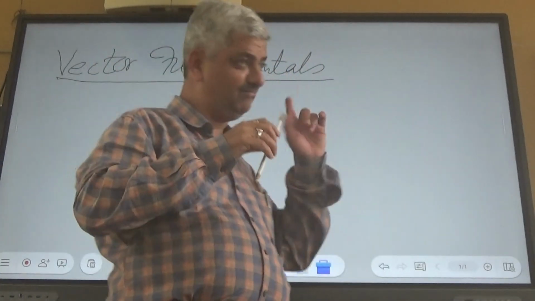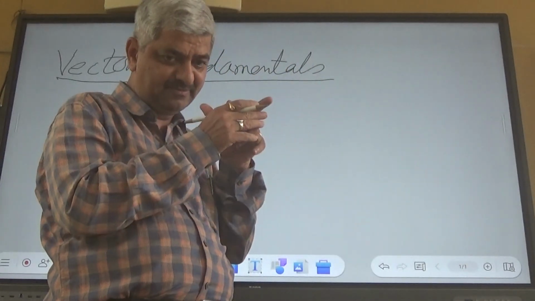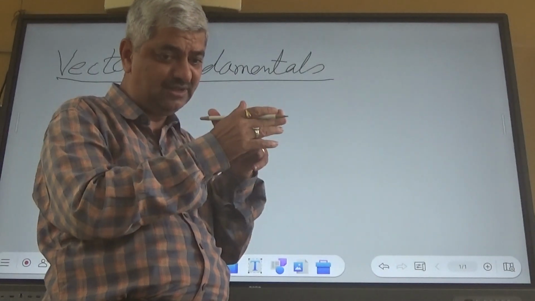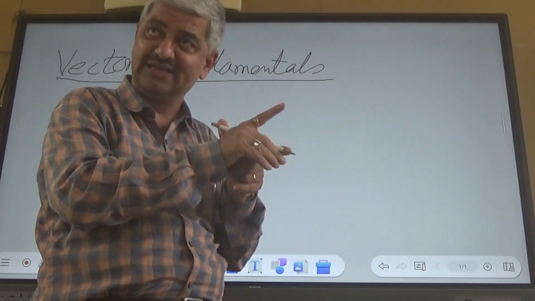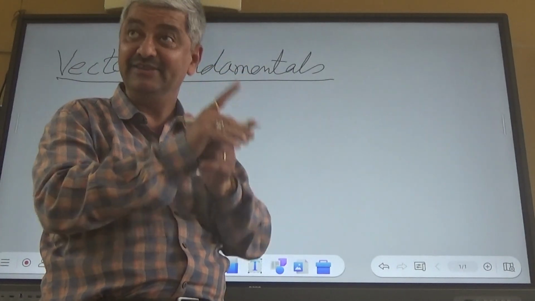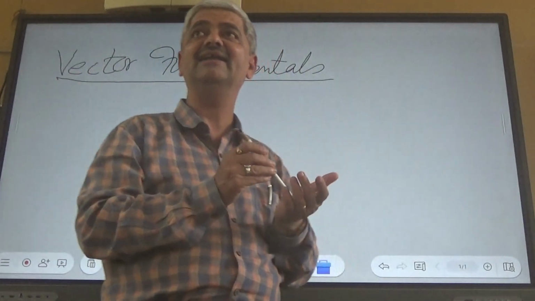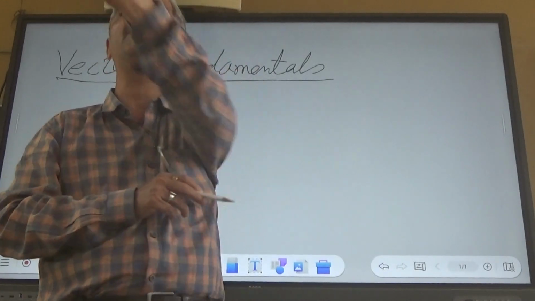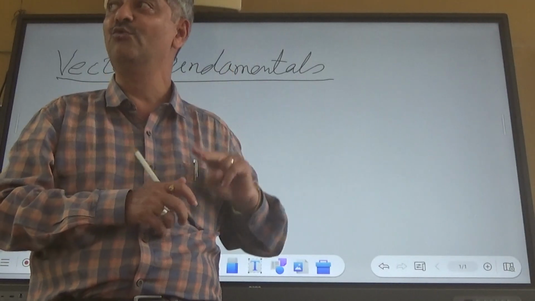So a vector in one dimension is a magnitude which can have uncountably infinite combinations, this much, this much, anything, and a direction which has only two combinations, 0 or pi.